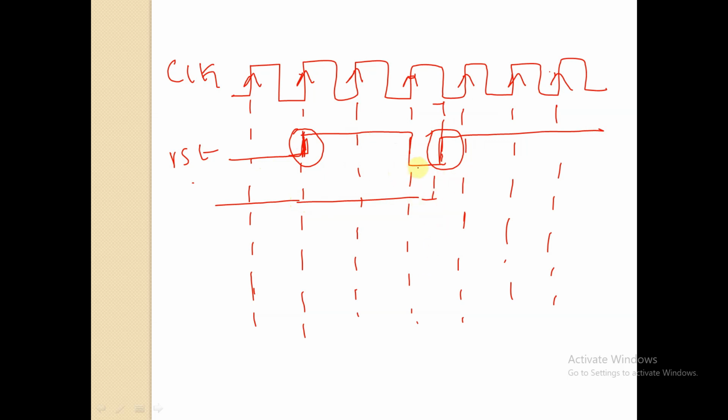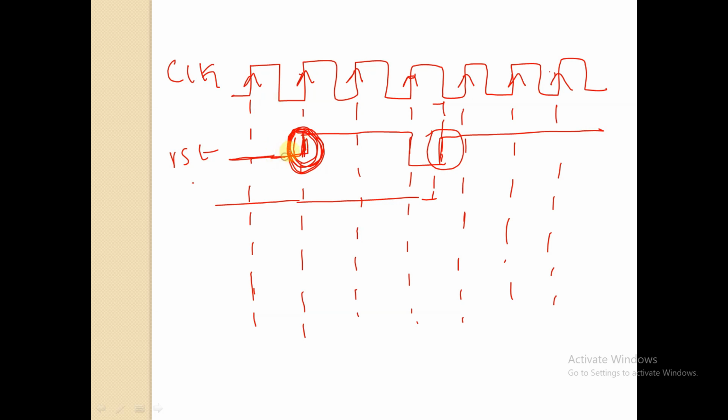How will the always block consider this posedge of reset? Will it take 0 or 1? The first posedge of reset, this one? Yeah, practically speaking this is a setup time error. This is an ideal waveform. Practically speaking, we should apply the reset signal before the setup time.